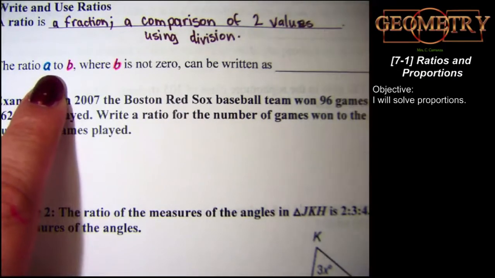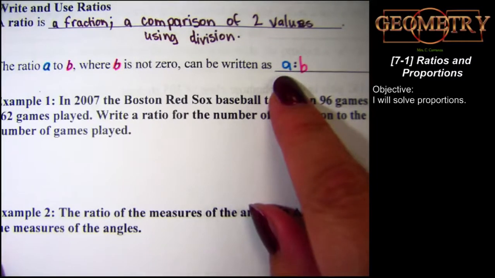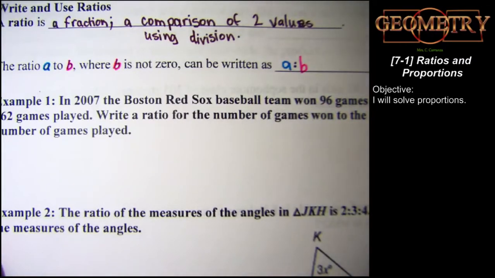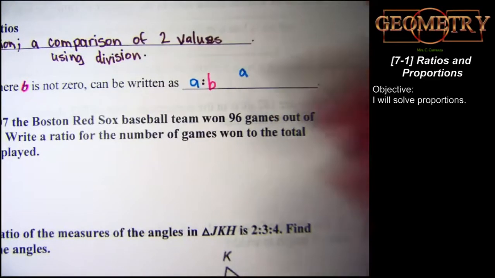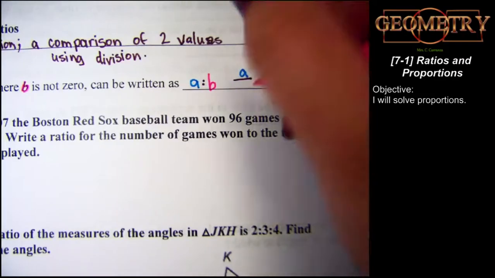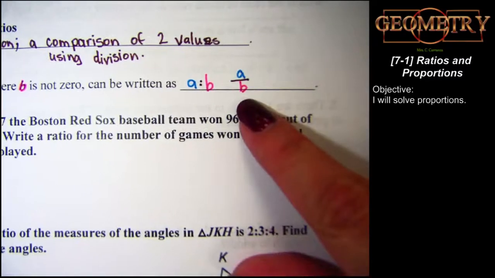We could write it as A to B. Or we could write it with a colon, A colon B, read A to B. Or we could write it as a fraction, A over B, which gets read A to B, or A over B, or A divided by B.